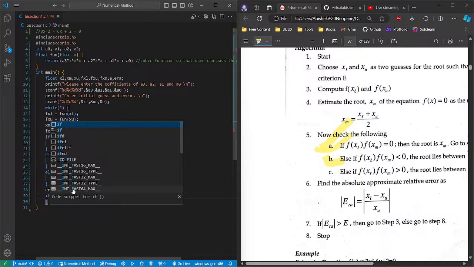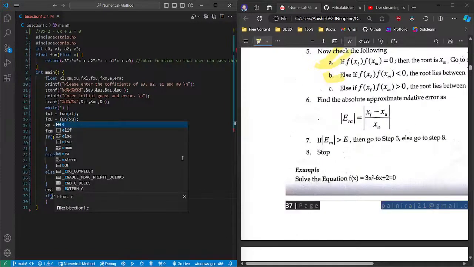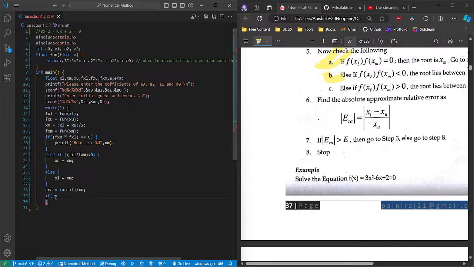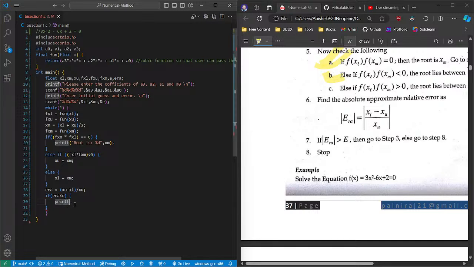Okay, now let's compare. If ERA, we completed this also. Now we are in the last step, step 7. If ERA is greater than E, then we again calculate the root. If the root is smaller, our answer will be that root.